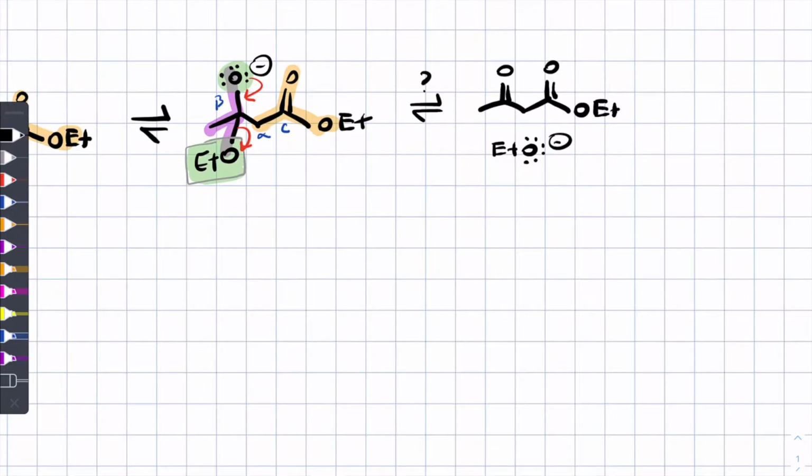Now, you've learned in 351 that ethoxide isn't a particularly good leaving group, but the comparison we want to make is between ethoxide here after it has left and the negatively charged oxygen in the tetrahedral intermediate. In this case, we're asking, are they of similar reactivity, similar stability? And if so, then this step should be reasonable. So remember, a negatively charged oxygen can kick off another negatively charged oxygen leaving group.